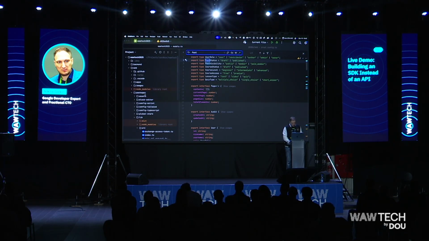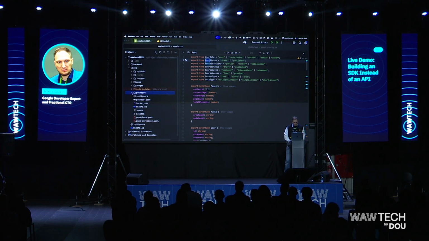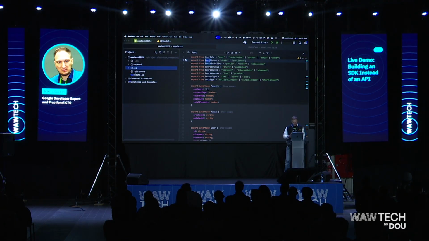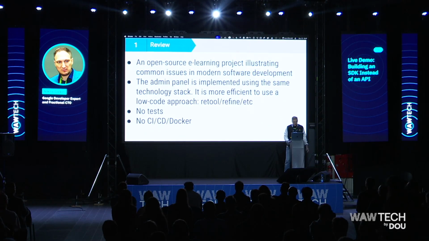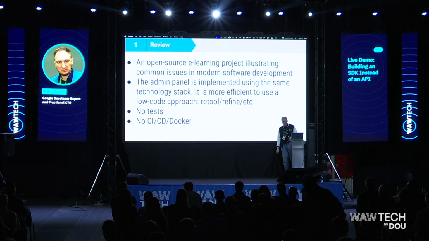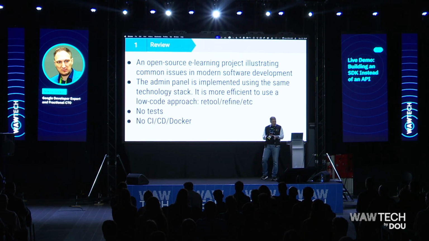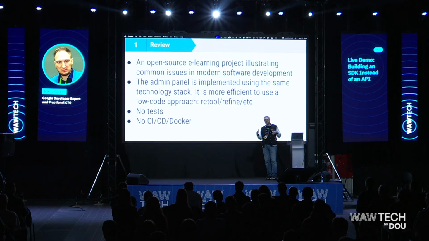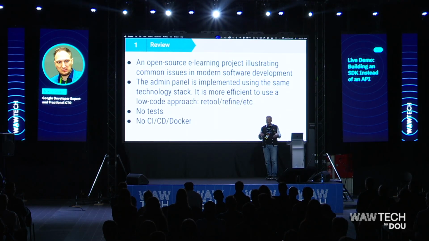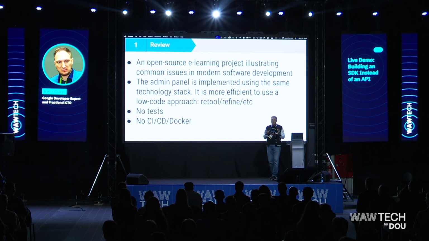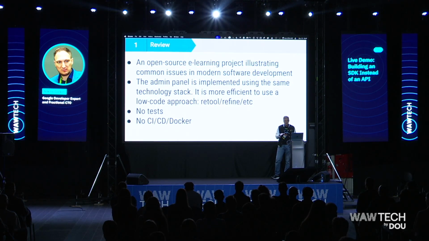So we made a short review of our code, which we will modify. Let's jump to the slides. In this project, you can see typical problems when it's not AI generated, but human generated. No time invested in tests.